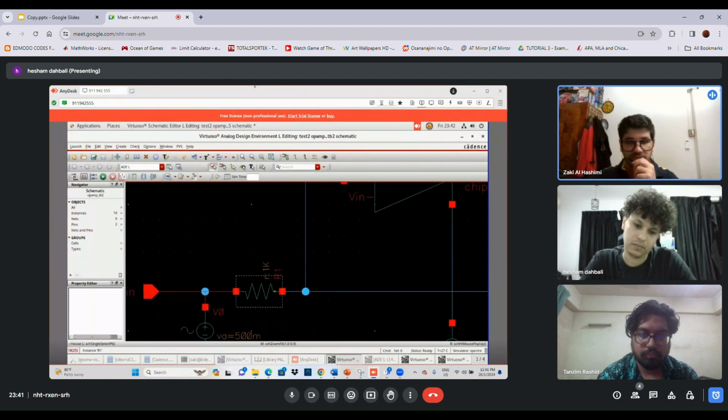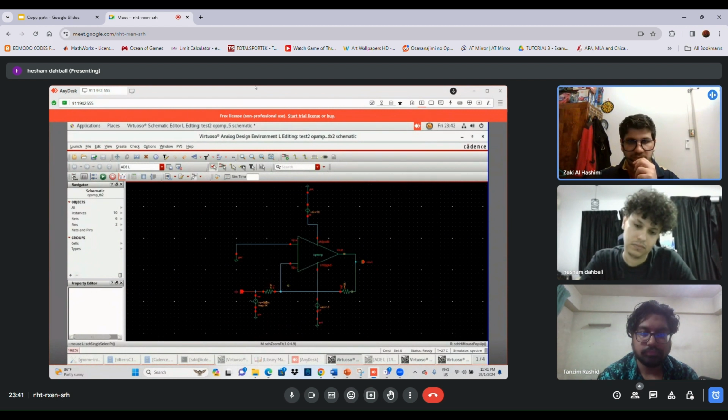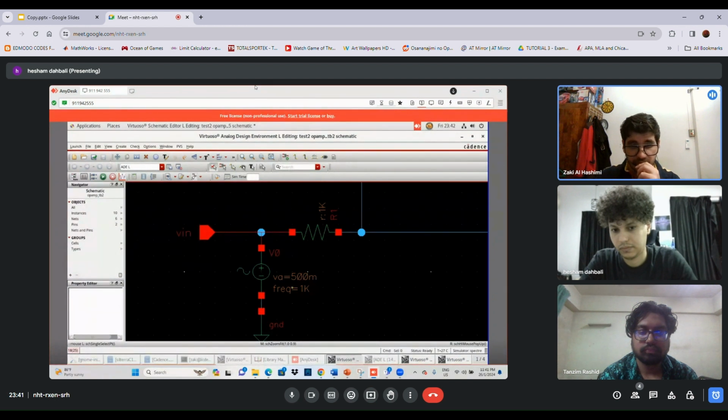So the actual gain of this circuit, since it's an inverting op amp, would be negative RF over R1. In this case, it will be negative 2 over 1. So the output should be the inverse of the input and doubled in amplitude. Here our input is 0.5 volts or 500 millivolts, with a frequency of 1 kilohertz.